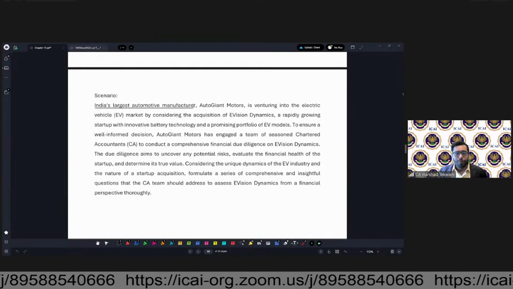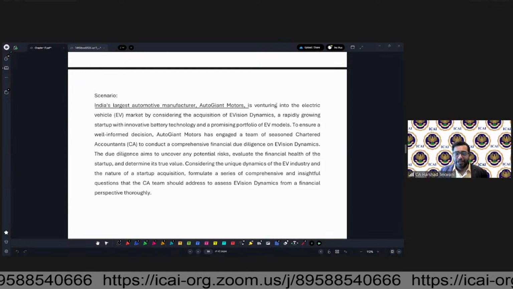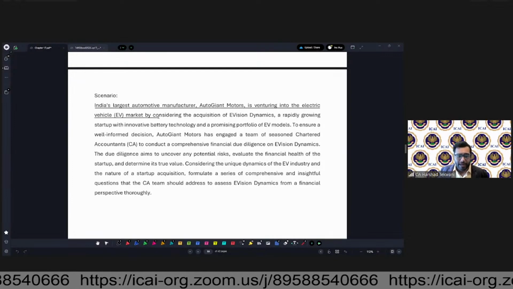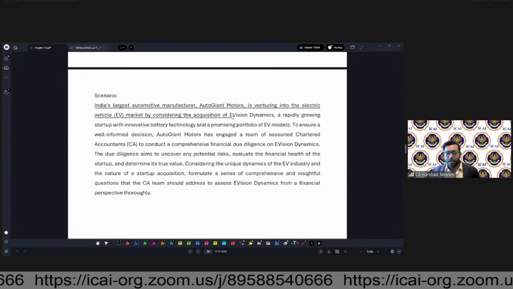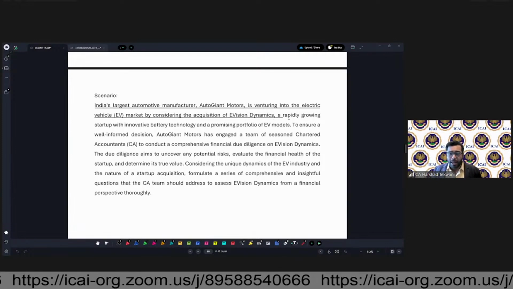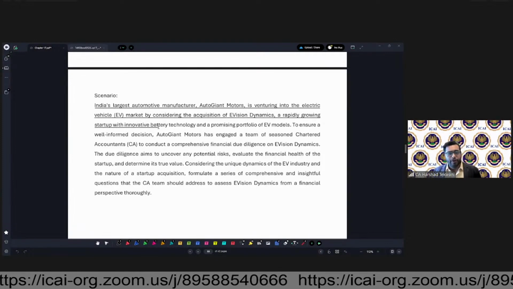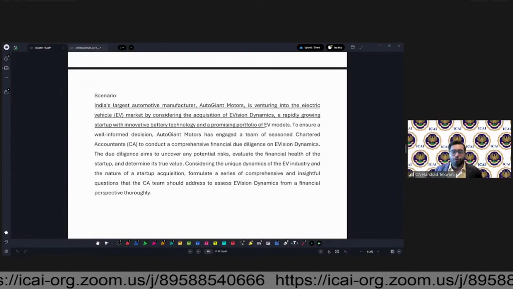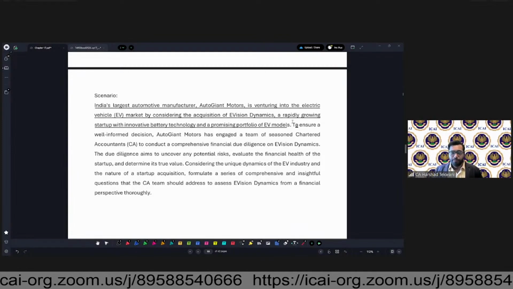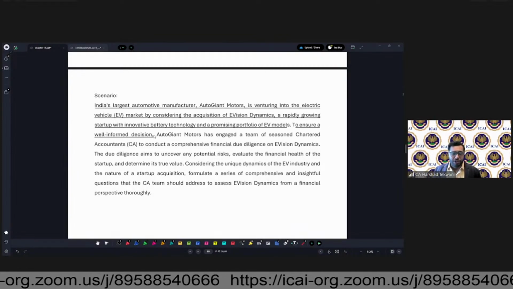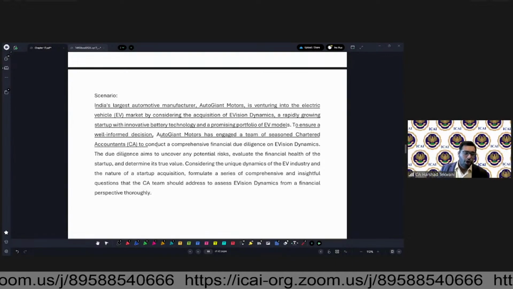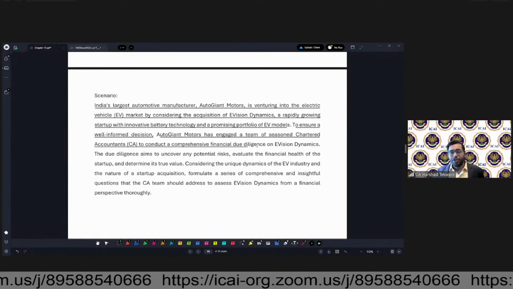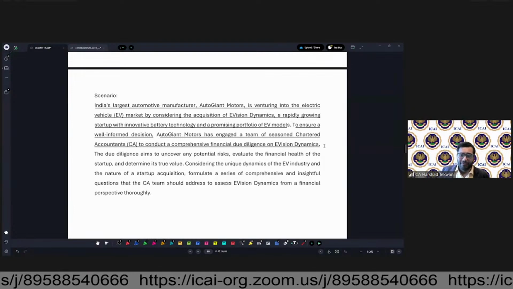India's largest automotive manufacturer, Autogiants Motor, is venturing into the electric vehicle market by considering the acquisition of eVisions Dynamic, a rapidly growing startup with innovative battery technologies and a promising portfolio of EV models. To ensure well-informed decisions, Autogiants Motor has engaged a team of seasoned chartered accountants to conduct a comprehensive financial due diligence on eVisions Dynamic.